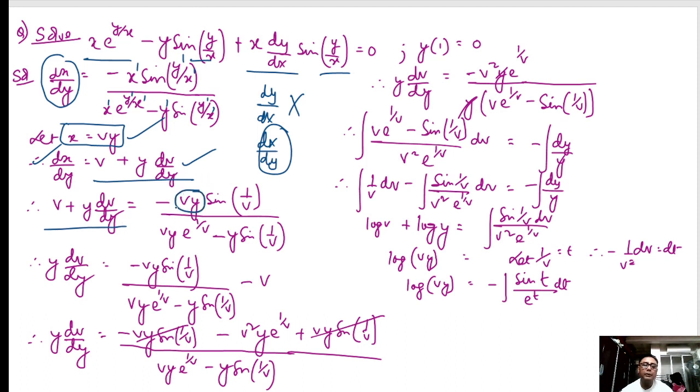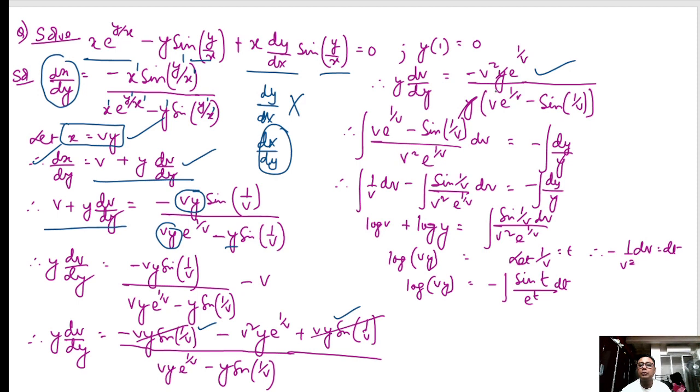Now we take y common from the denominator, and y will cut out from the numerator and the denominator. On taking LCM, this part cuts out, so it remains this.